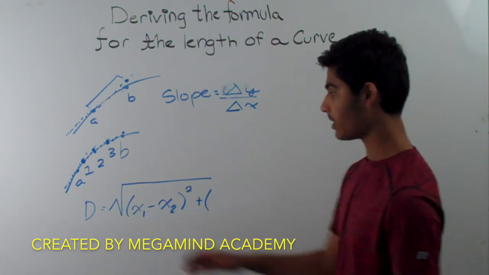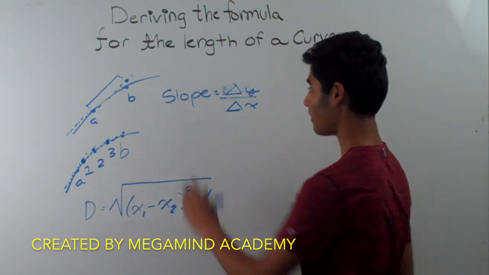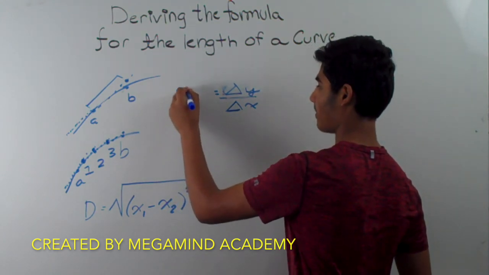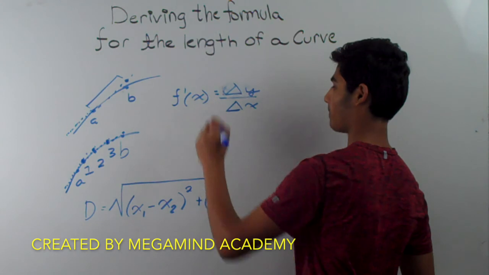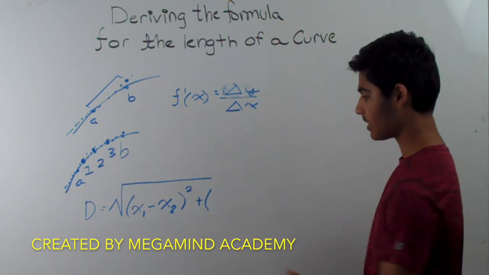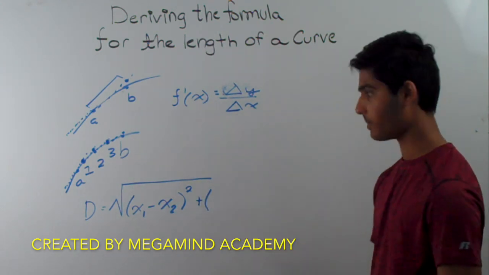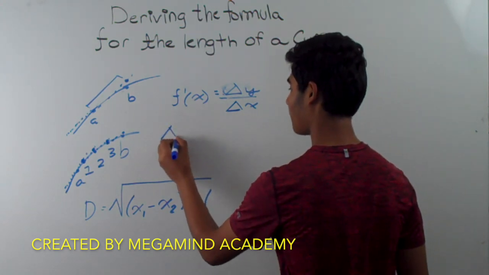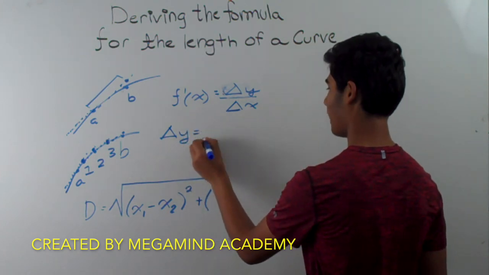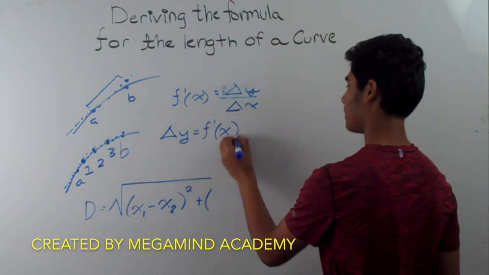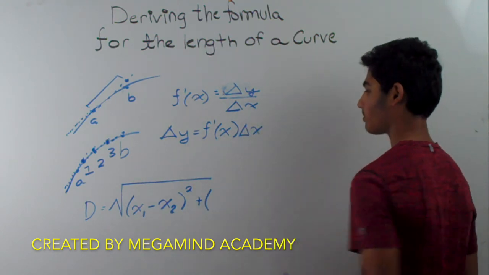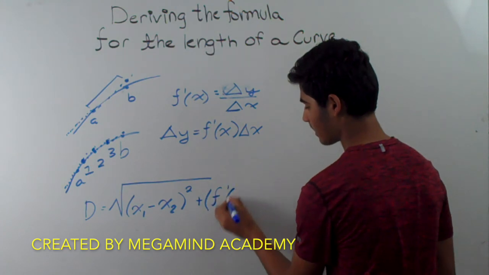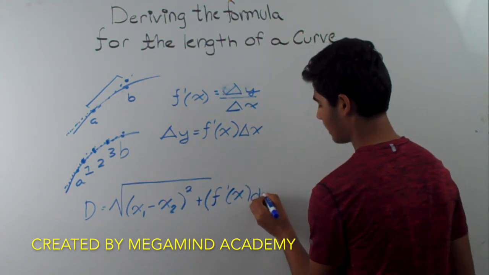And we know that the slope, when we do linear approximation, will have to be f prime of x. So that means that delta y, which is the last part of the distance formula, would be equal to f prime of x times delta x. So we get plus f prime of x times delta x.